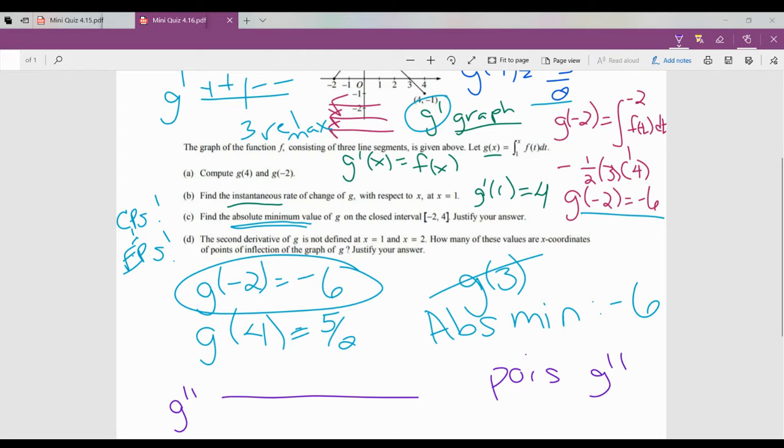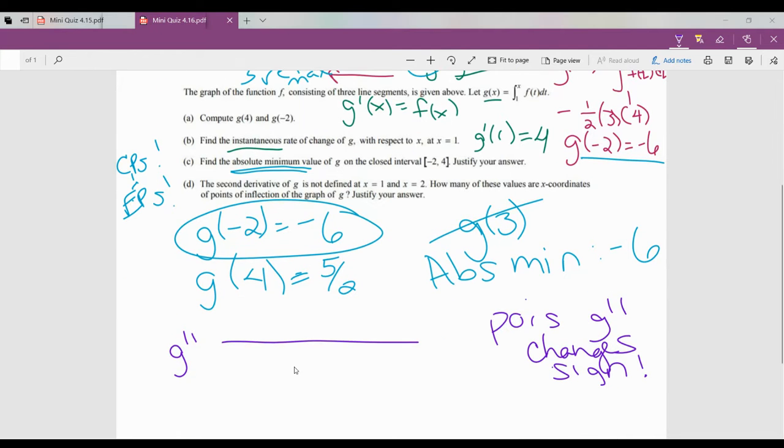G double prime needs to change sign. That is the key thing with points of inflection. So it's where the second derivative equals 0 or does not exist, and it has to change signs.